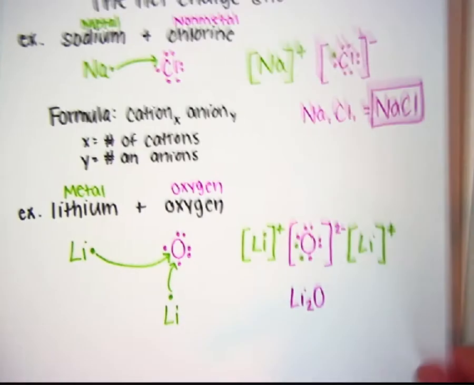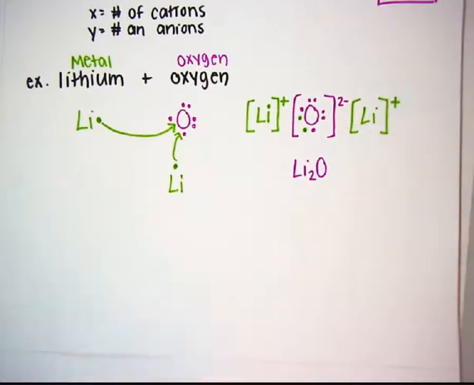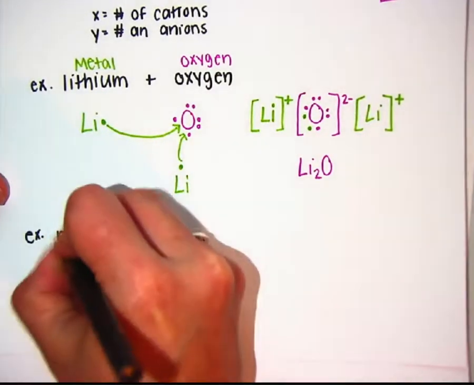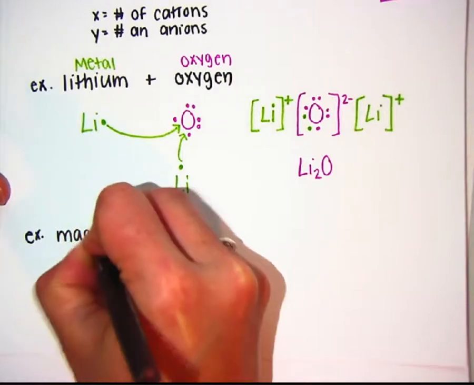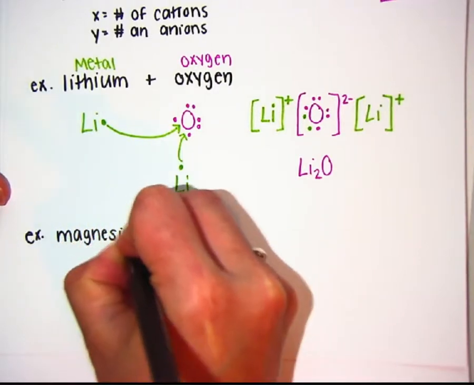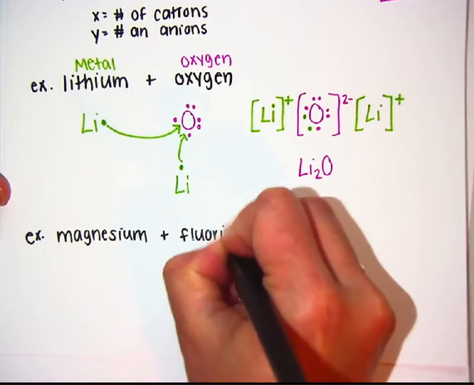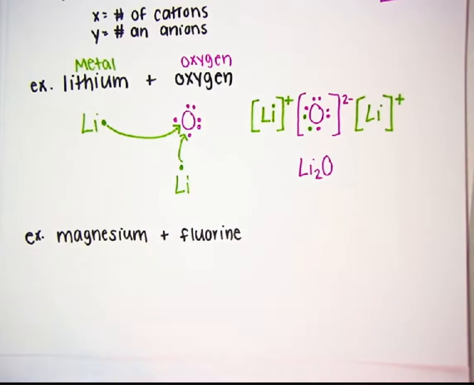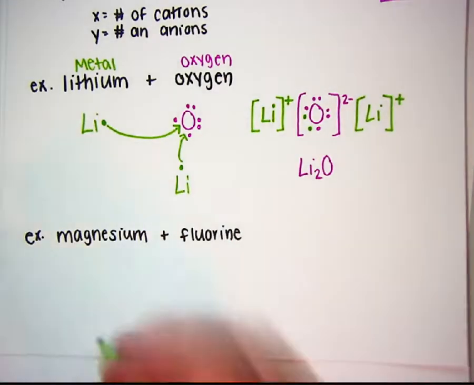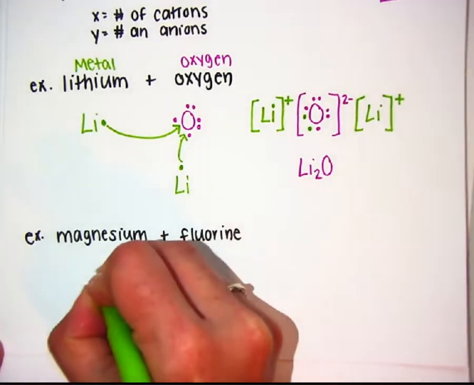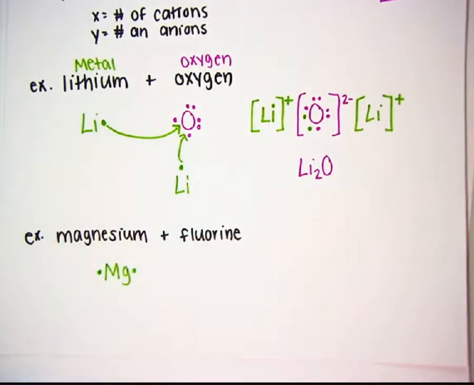Let's do one more. Magnesium and fluorine. Magnesium is in group 2.